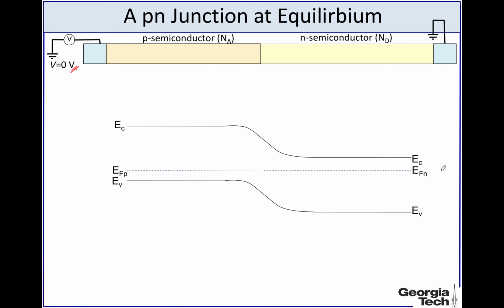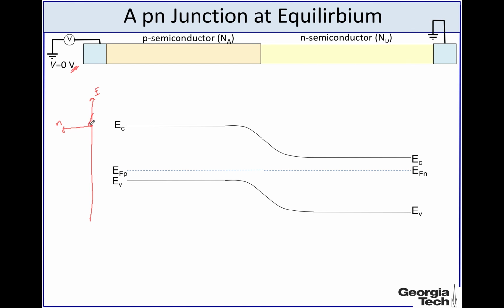When we talked about the fundamentals of semiconductors, we considered that if we plot the carrier densities, then in a p-type semiconductor the carrier density for the electrons will be very small, so the y-axis here is n.